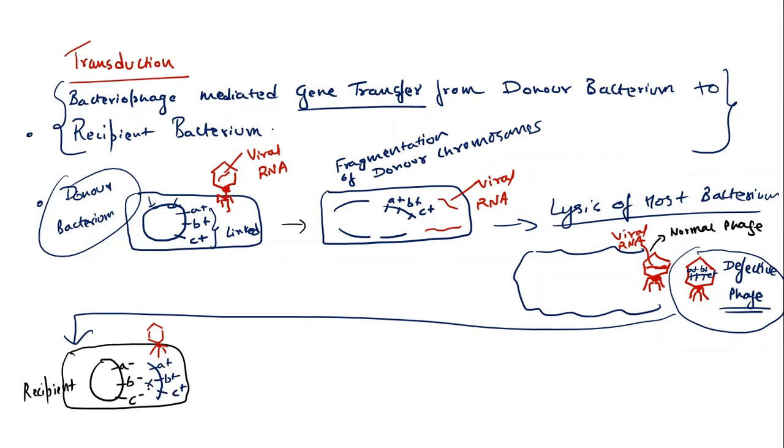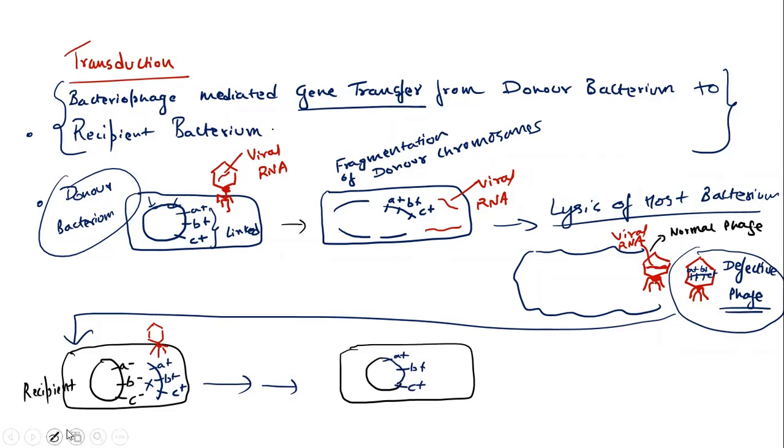And once again there will be a crossover event. Finally, what you'll see is that in the recipient bacterium this particular thing has become a part of it. So you can write it like this: A plus, B plus and C plus comes here, and you have this particular segment which is A negative, B negative and C negative.